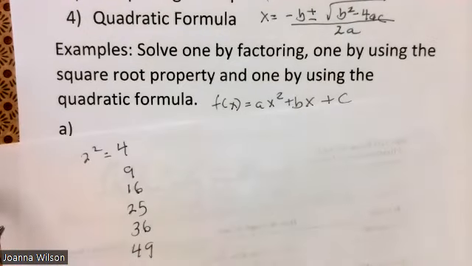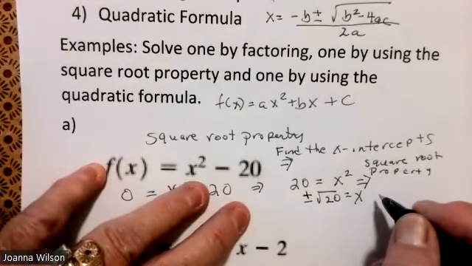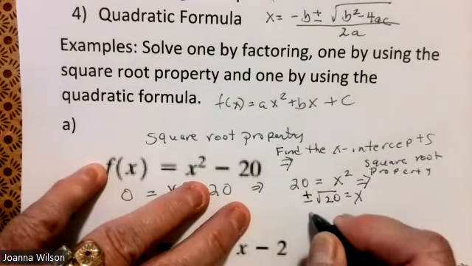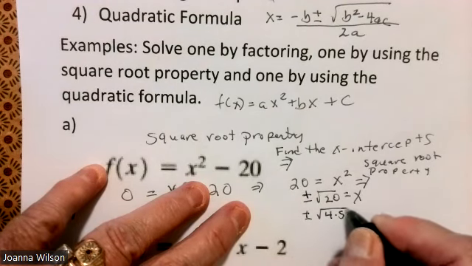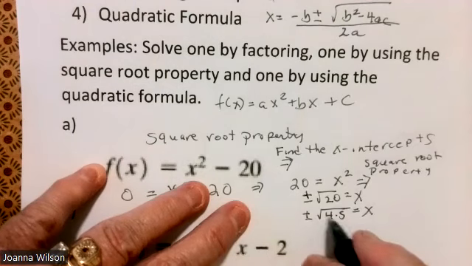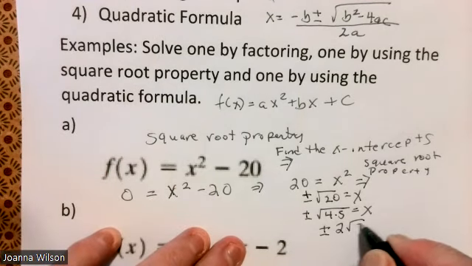If it helps to write those numbers out, go ahead and write them out. When I look at this, 20 is divisible by 4, so I would go plus or minus the square root of 4 times 5. Then you take the square root of 4, which is 2.